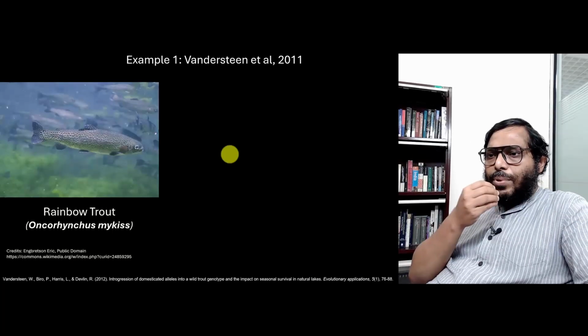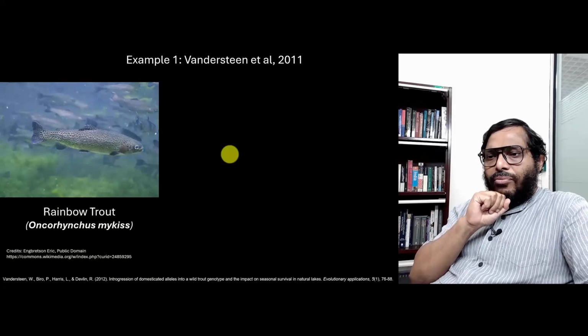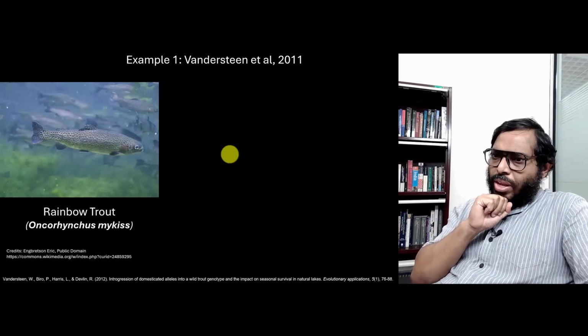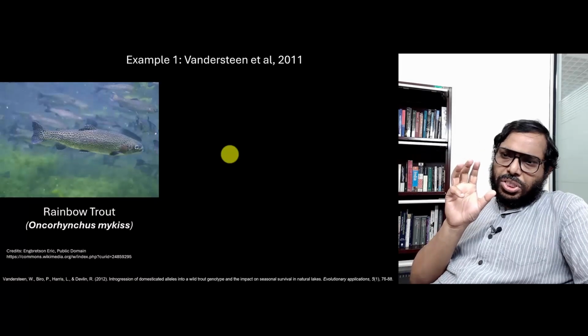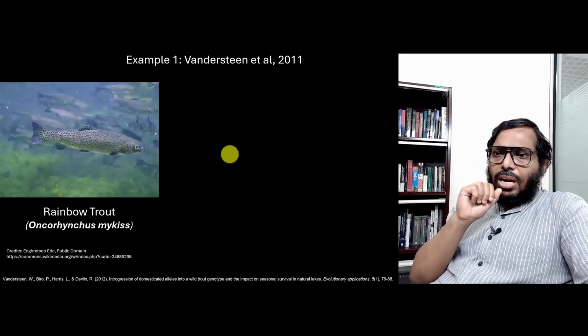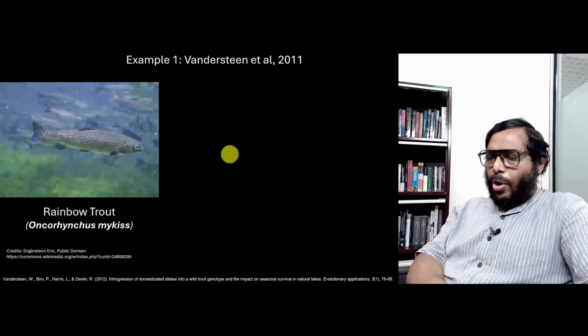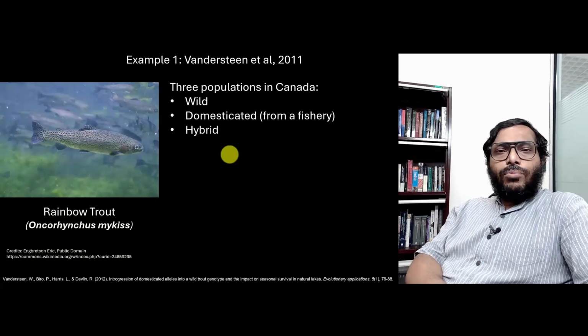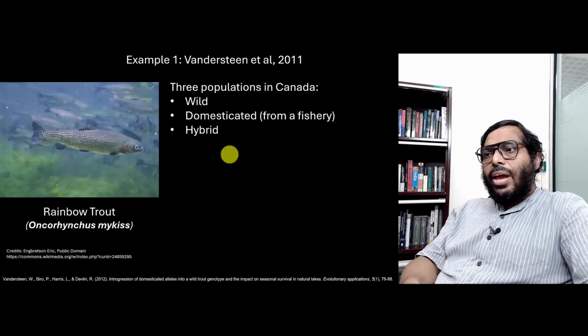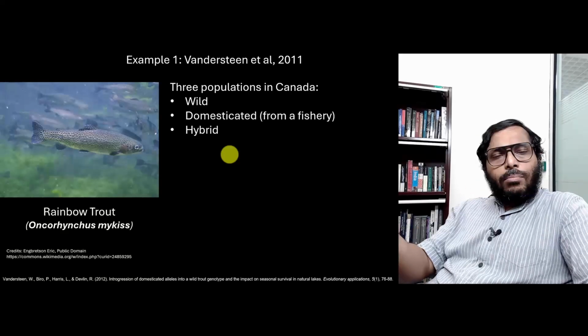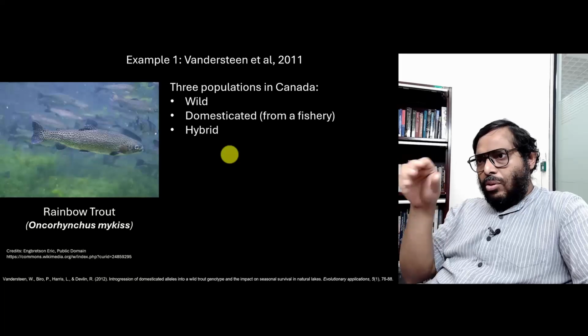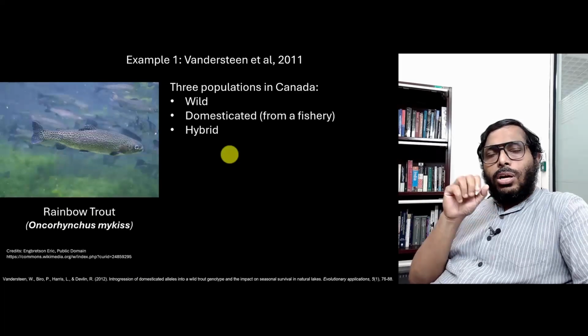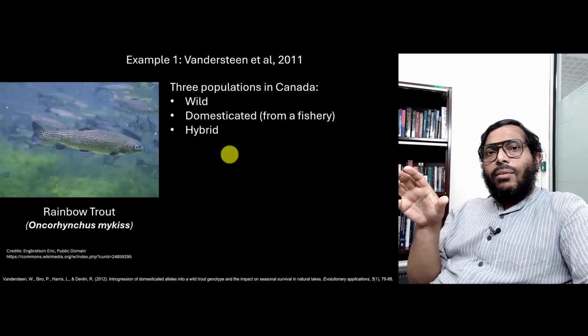The first example is from this lovely fish known as rainbow trout. These are fishes which are eaten, and therefore they are of some commercial importance. This is an example from Canada where they have wild populations, and Van der Steen et al. also took individuals from a fishery.